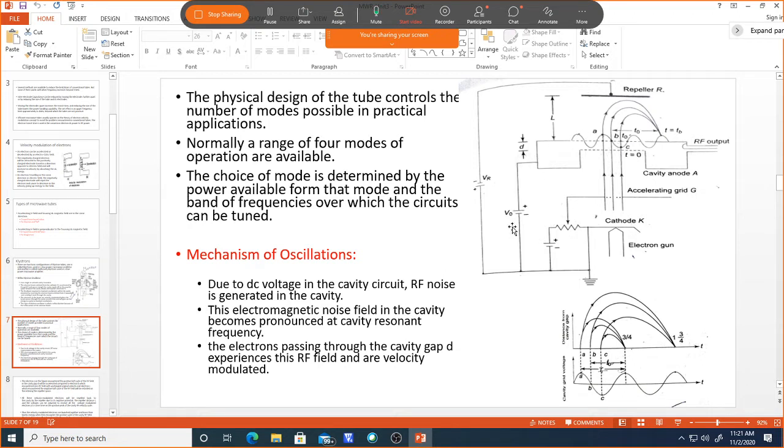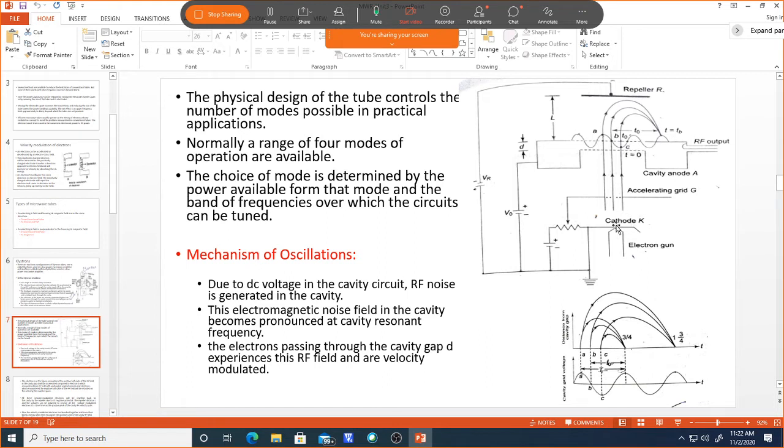Since the anode is connected to a positive potential, there will be an RF field produced by this potential in the cavity.